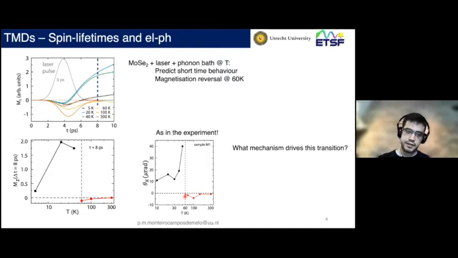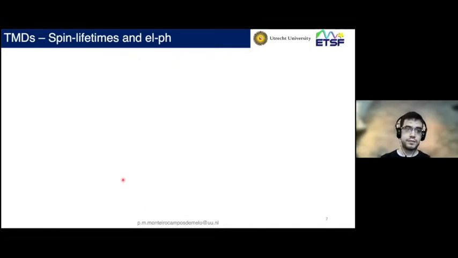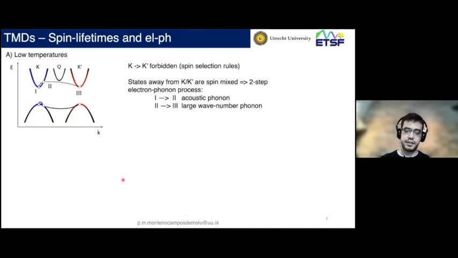And so, okay, it was interesting that the short-term behavior was being reproduced, but we needed to understand the mechanism behind this. So what is this mechanism? Well, there is a change in the transition processes that electrons and holes can have at low and high temperatures.